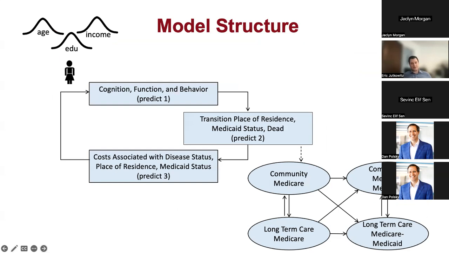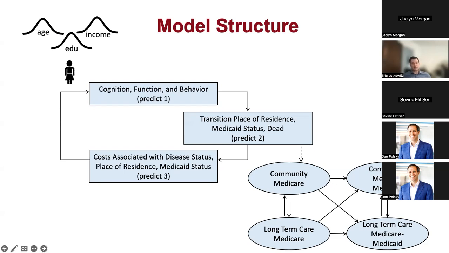So this is a figure or schematic of the structure of the model. It's an individual microsimulation. Basically what that means is we create or simulate an individual that represents an incident person with dementia. This simulated incident person with dementia has a number of characteristics that we aim to make representative of an average person diagnosed with dementia.